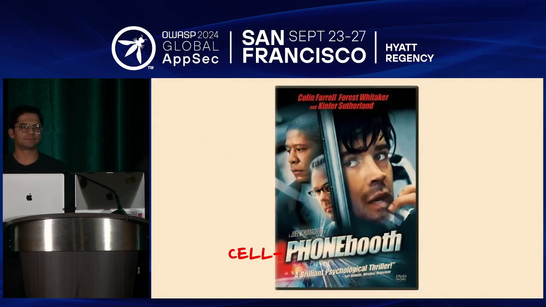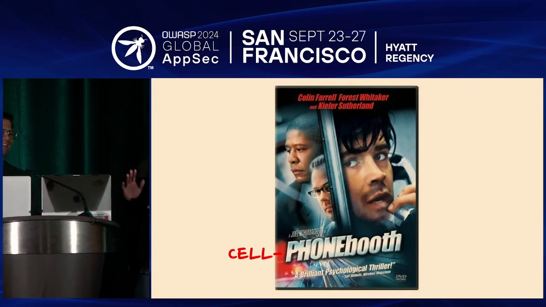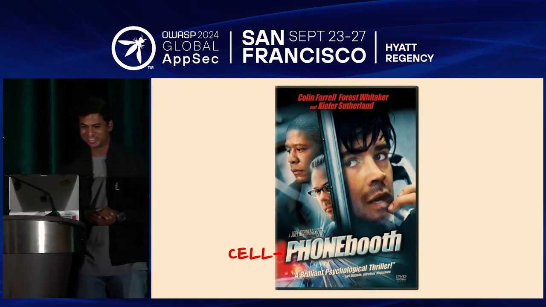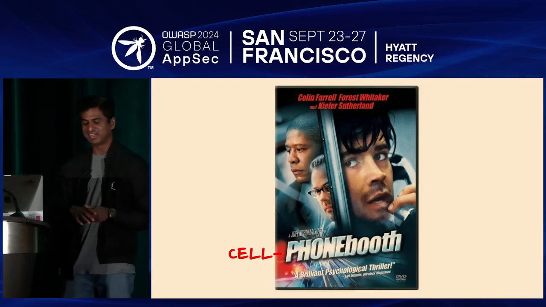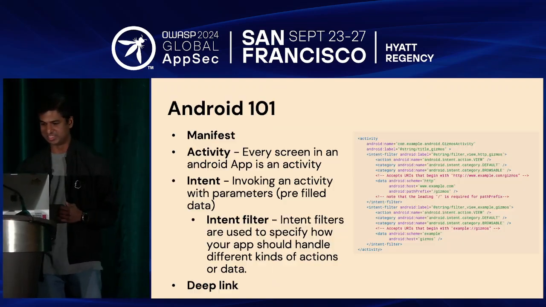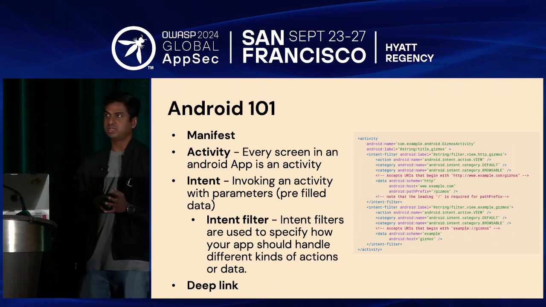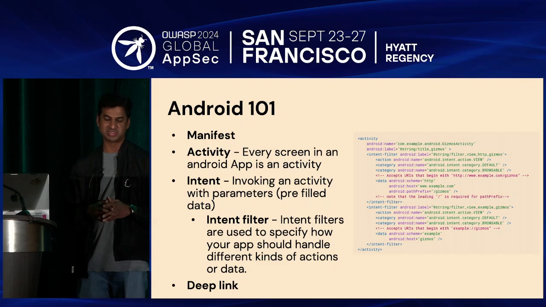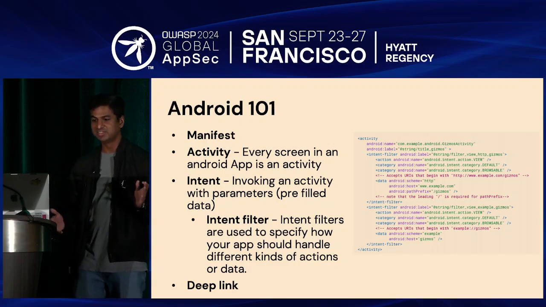All right, so this poster is probably showing its age because it shows a DVD release over here. Anyway, we call this the cell phone booth, and I'll get into more details. Before we talk about the actual vulnerability, I would like to make sure everyone understands some basics about Android applications.